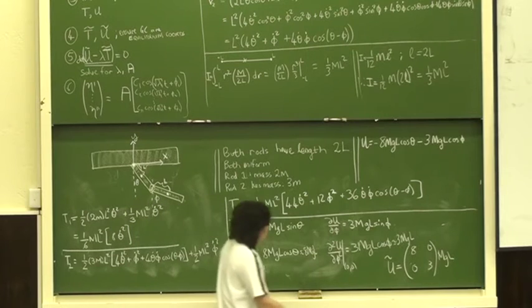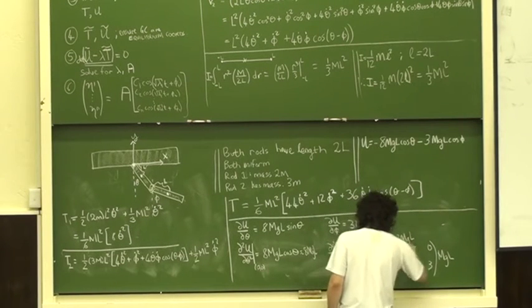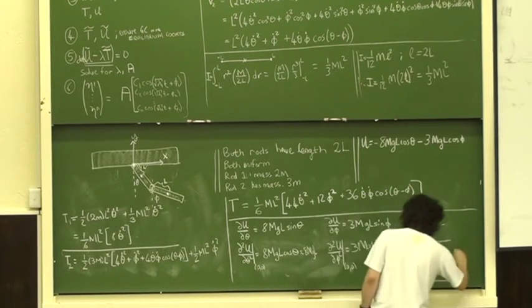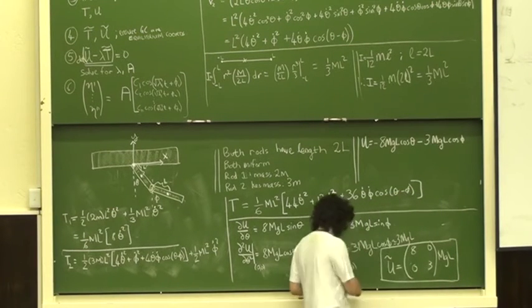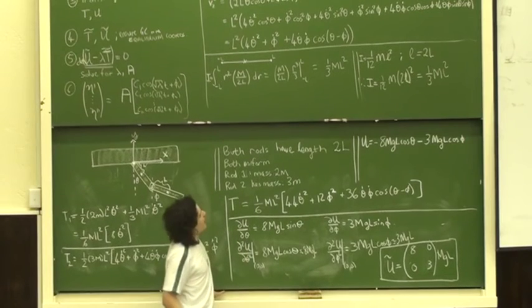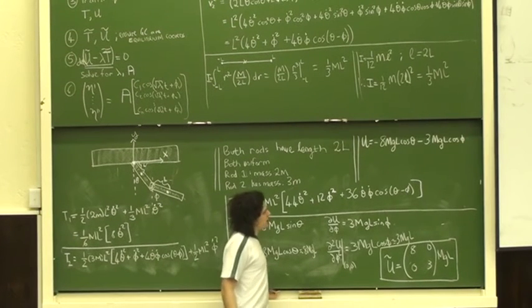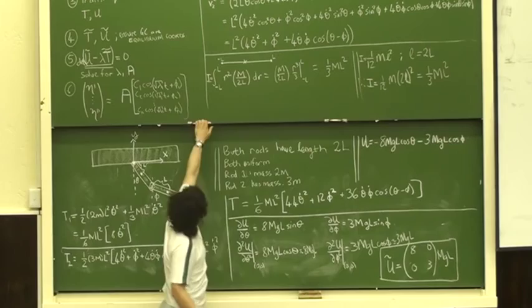And T tilde is computed similarly. Again, we compute at the equilibrium position, so again we must substitute in 0 for theta and phi. But otherwise we must differentiate with respect to theta dot and phi dot.